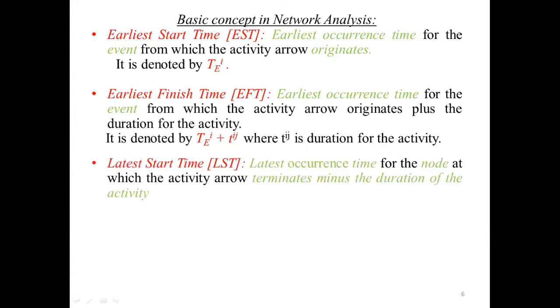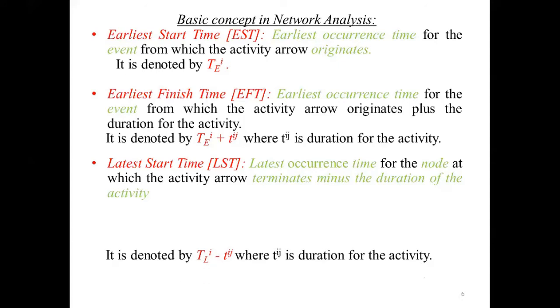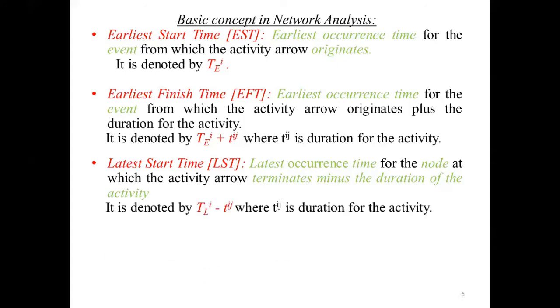Then latest start time: the latest occurrence time for the node at which the activity arrow terminates minus the duration of the activity, and it is denoted by TL of i. It is the latest start time for the beginning node minus T of ij, where T of ij is the duration for the activity.